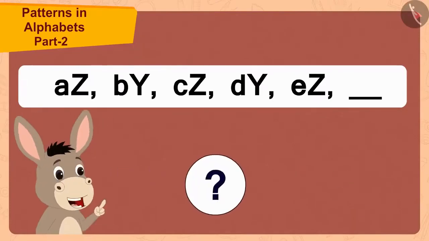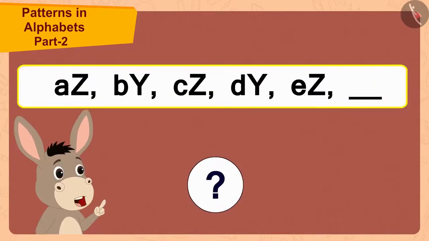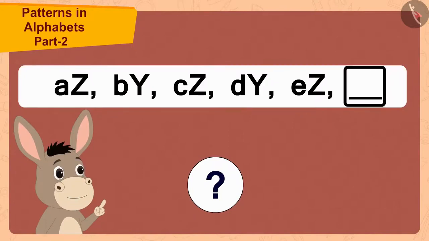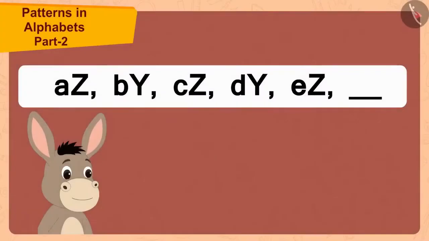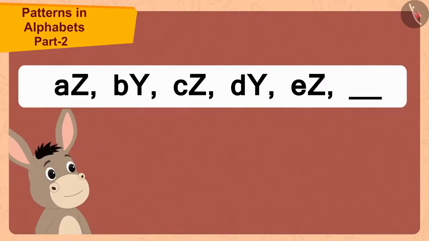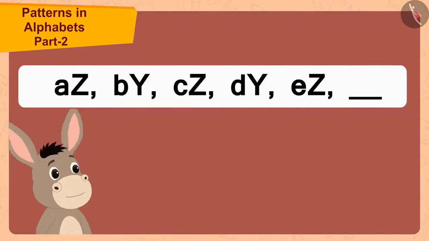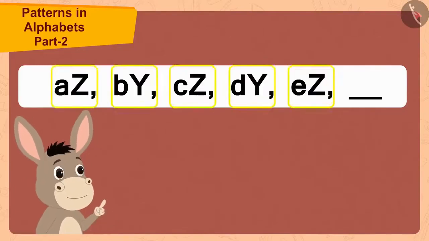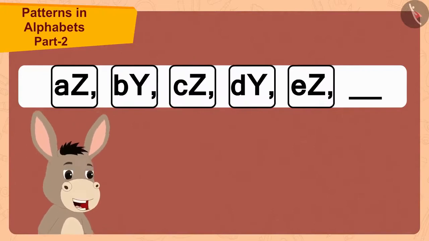What can be the rule of this pattern? What letter should I write in this blank space? Bhola started thinking. Bhola then looked at the pattern more closely. Here two-letter pairs are made.